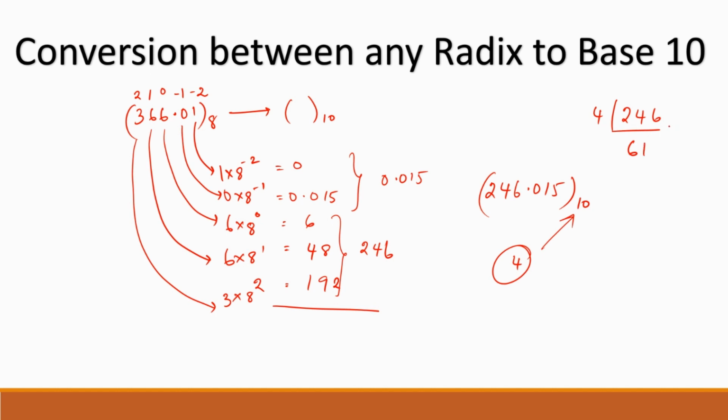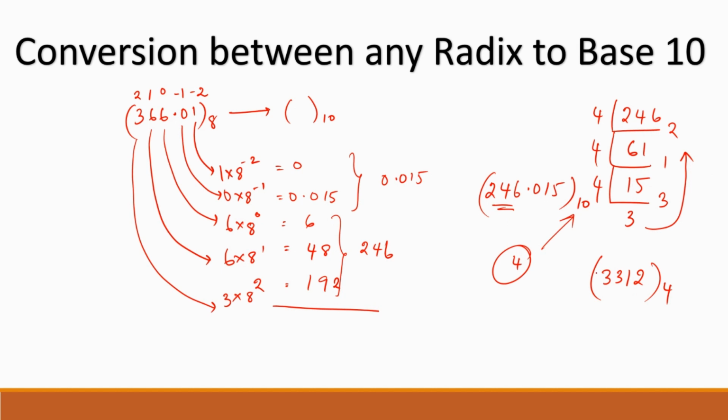The remainder is 2. The remainder is 1. The remainder here is 3. Write the number bottom up. So here we get 3312 base 4. This is the integer part of my base 10 number. So 246, when I convert it to a base 4 number system, I'll get 3312.